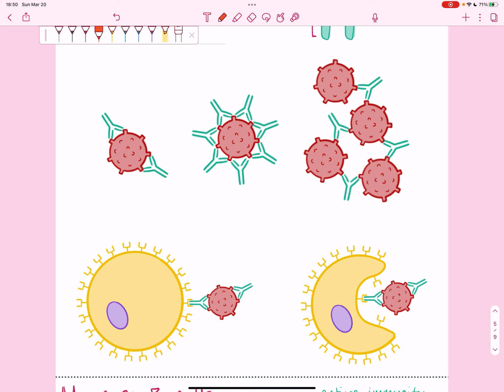So they can neutralize pathogens if there's enough of them. As you can see here, they're covering all the little binding sites on this pathogen, effectively neutralizing it.